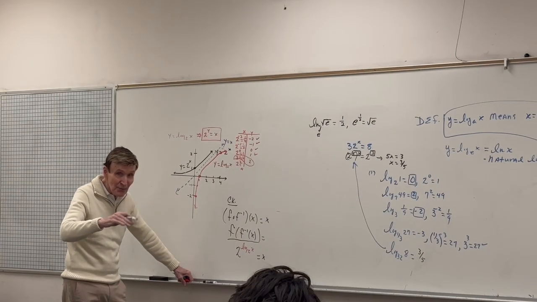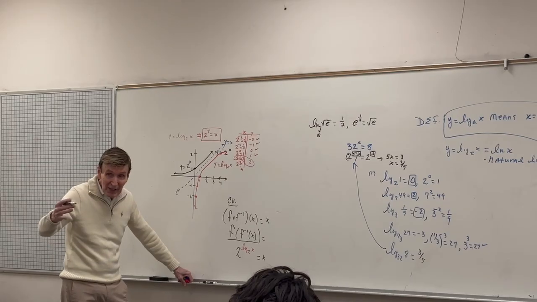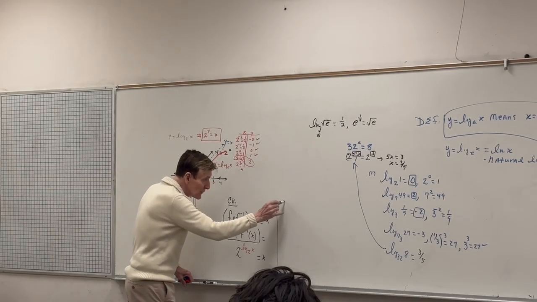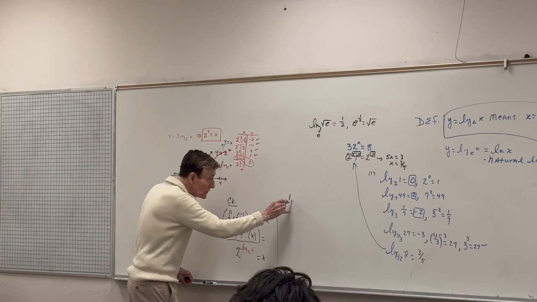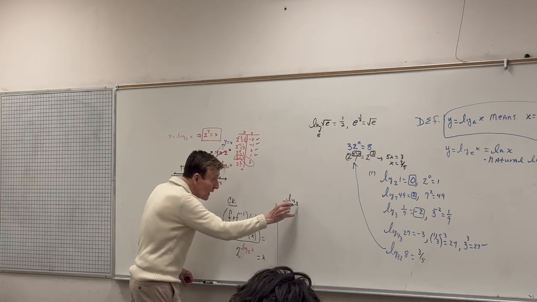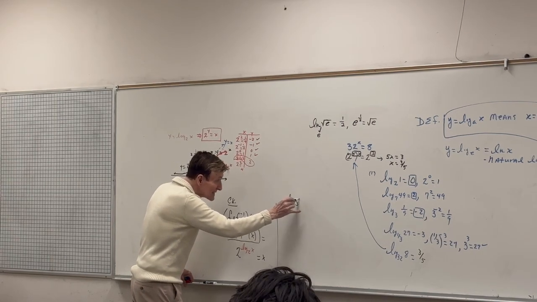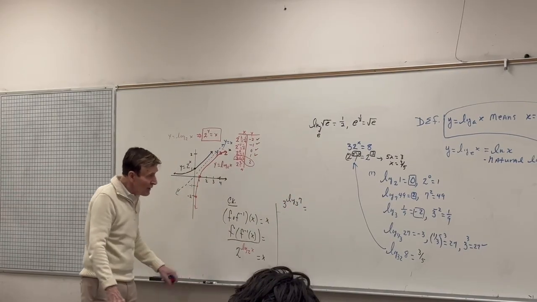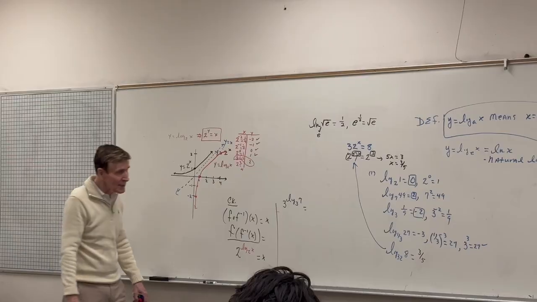Let me ask you this. Suppose when you finally see this on a quiz or an exam later on, you saw 3 raised to log base 3 of, let's say, 7. Based on what you see in here, automatically, it's 7.